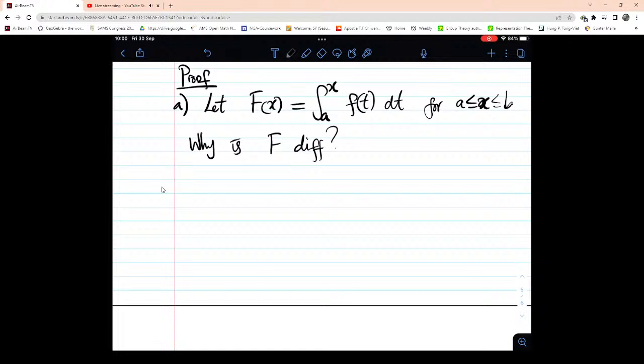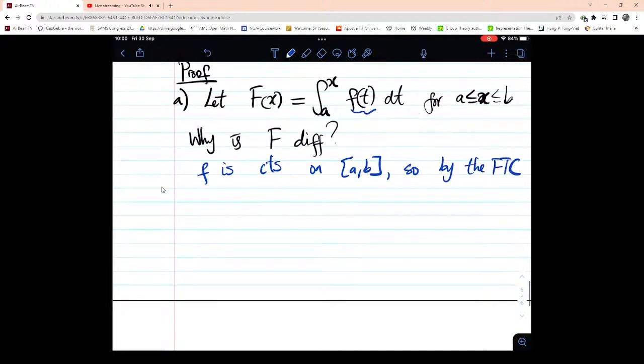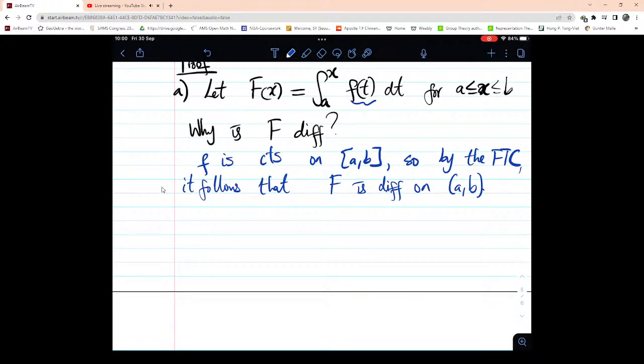The answer is that the small f that we have is, we are told, continuous on [a, b]. This is an assumption in the statement of the theorem. So by the FTC, the fundamental theorem of calculus, it follows that big F is differentiable on (a, b). Right, so we know that big F is differentiable on that.